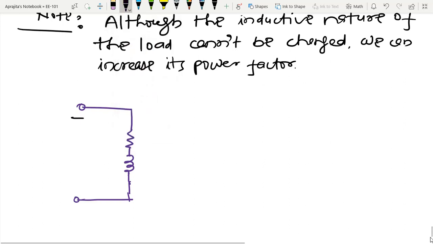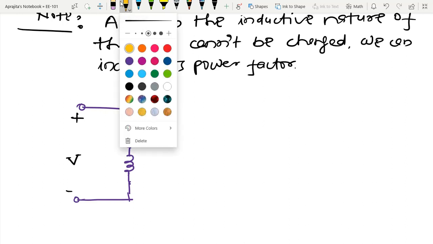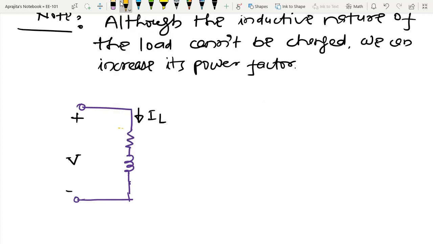So suppose that this is positive and this is negative for the time moment, and this is the voltage V in phasor form, and here I have some current, which I am denoting as IL, and this total load is inductive in nature.